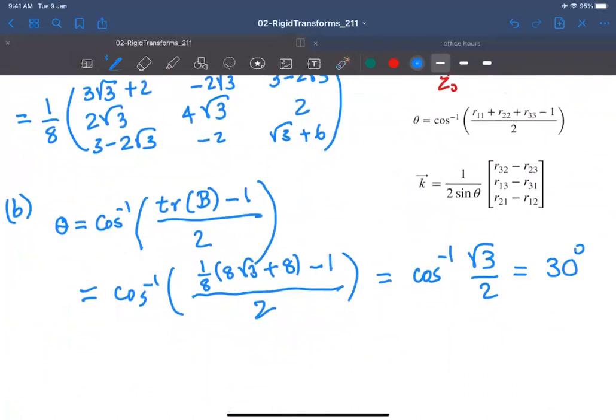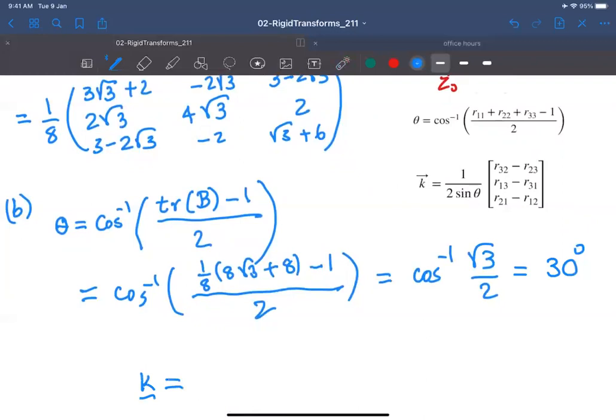All right, and k, which is expected because we are finding the similar transform to RZ of 30, so we must get the same angle, right? K is going to be this one here. I'm going to apply this formula. So K is going to be 1 over 2 sine theta.